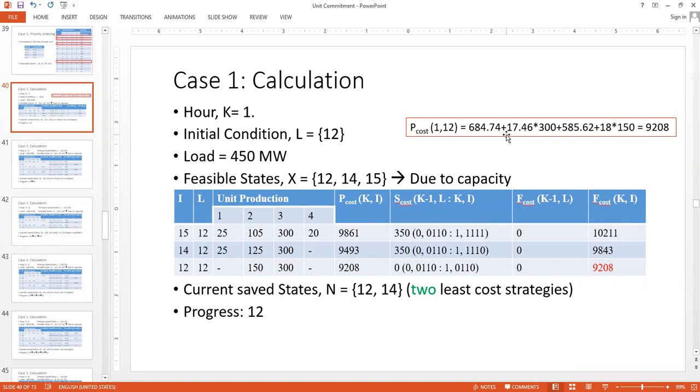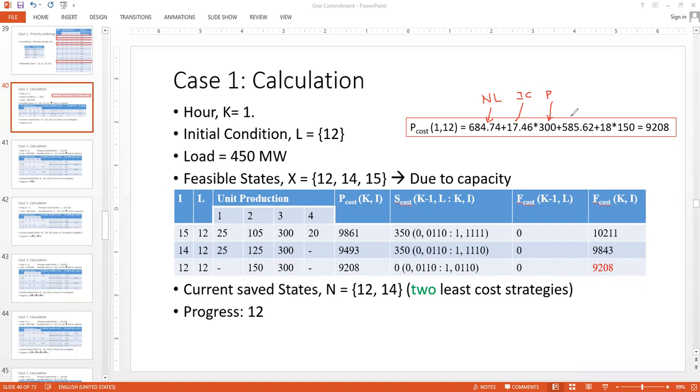684.74 plus 17.46 times 300. This would be the no load cost, this is the incremental cost, and this is P, how many megawatts we are actually taking from that unit.